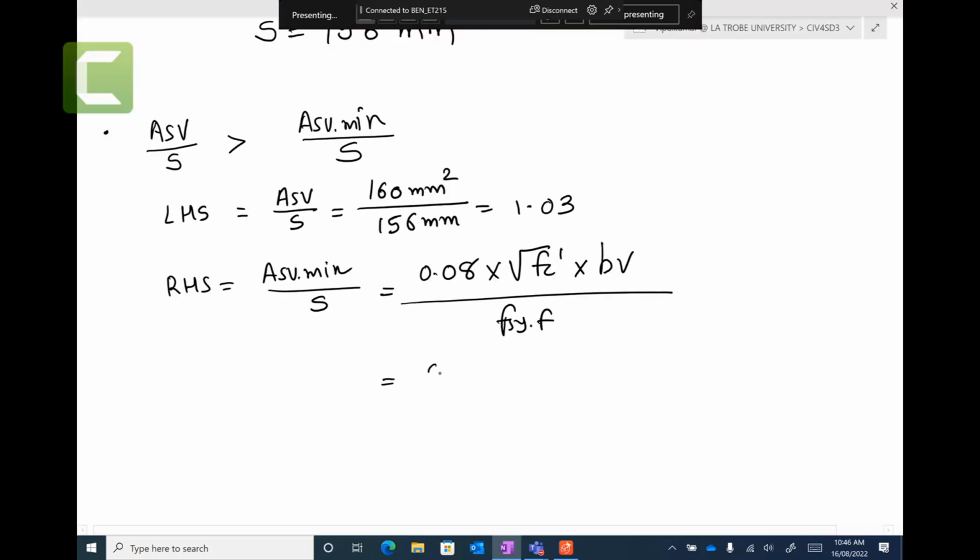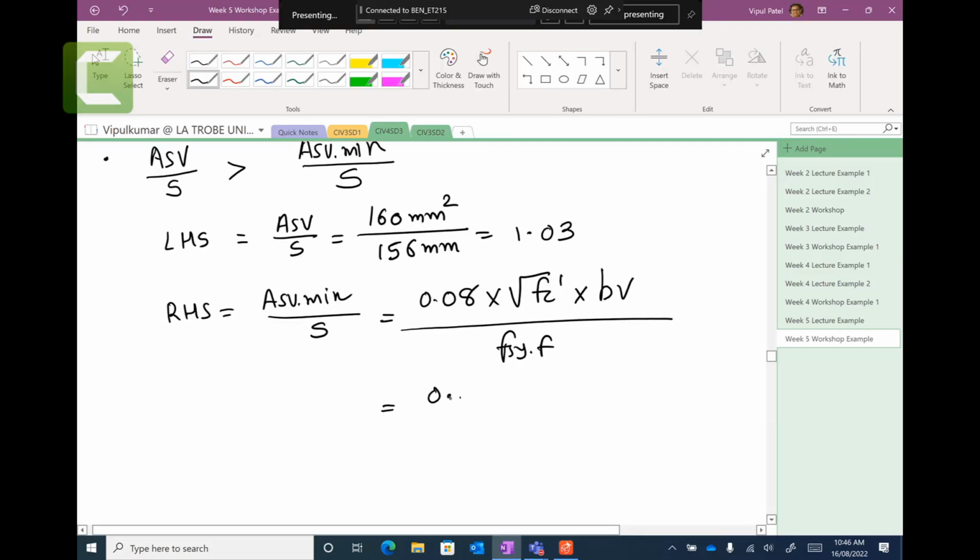So we have 0.08 square root 32, and BV is 350 over 250 for R fitments.